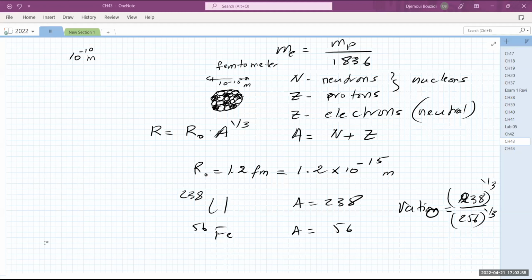Which brings me to an interesting point in here, okay? Since we mentioned the units in here and all of that, one of the ideas is trying to find the mass of these objects, the mass of the nucleus.